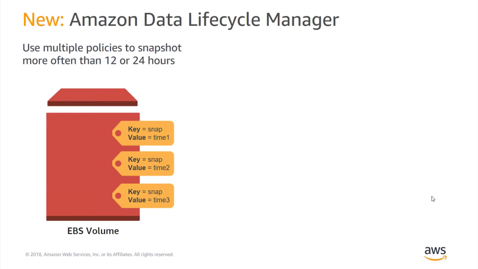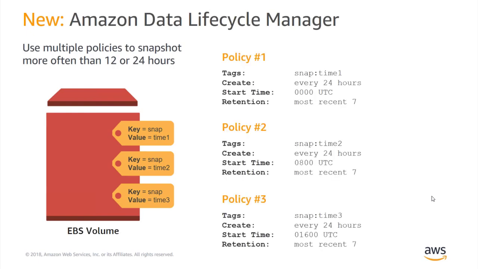The key value pairs can be anything that makes sense for your organization. We would then define 3 separate policies, one for each tag, running once per day for each policy, and we would stagger the start time so that it was offset by 8 hours from the other policies. In this case, we'll have 3 snapshots taken each day on the volume, with the snapshots occurring at roughly 8-hour intervals.